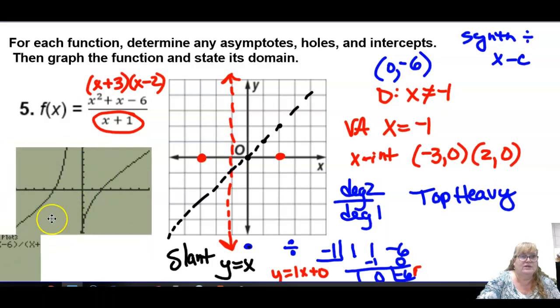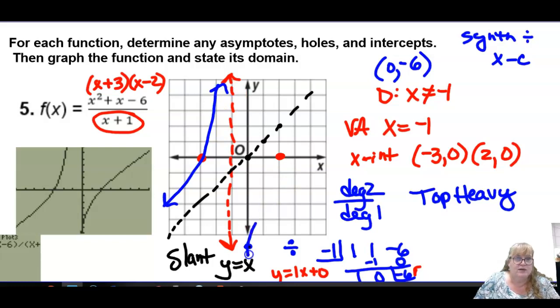Unfactored version, and this is what it looked like. I'm not going to take time to find a bunch of ordered pairs because they're not going to be nice anyway. But this is the shape. It was crossing way down here. Whoa. Should be curving. All right. So this one had a slant asymptote.